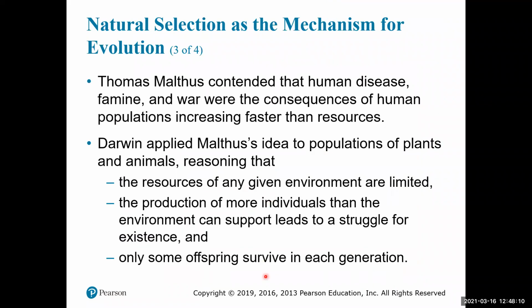Now, at one time, there was a researcher, Thomas Malthus, and he basically said that human disease, famine, and war were consequences of human population increasing faster than resources, right? And so the reason humans had disease, the reason we had famine, was because our populations were getting larger than our resources were able to keep that population.